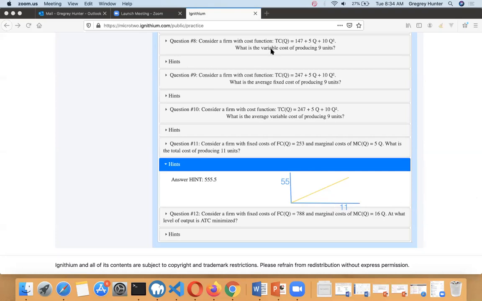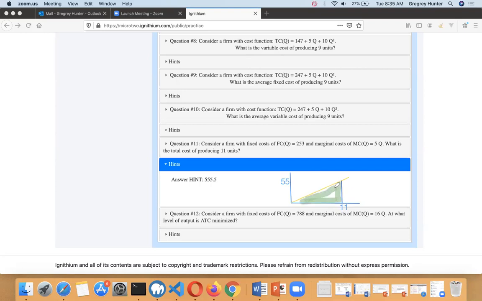And there's that. Maybe I can do some shading. I'm going to try to shade in this triangle, right?